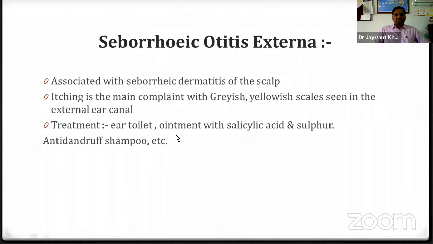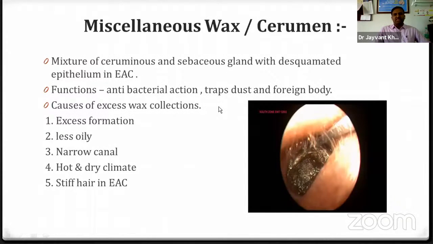Ear toileting, and ointment with salicylic acid and sulfur you can use. Then miscellaneous diseases, a few of importance, in which wax or cerumen and foreign bodies.